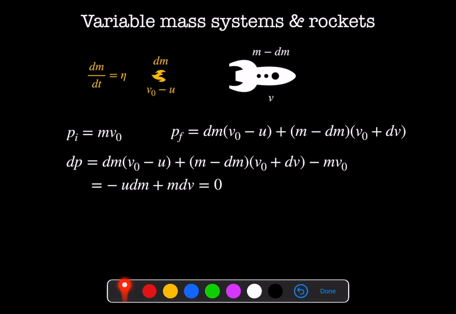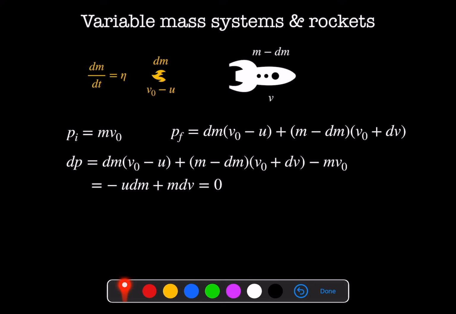This is equal to minus u times dm plus m times dv. There is another term, minus dm times dv, but this is a double differential, so that term goes to 0.